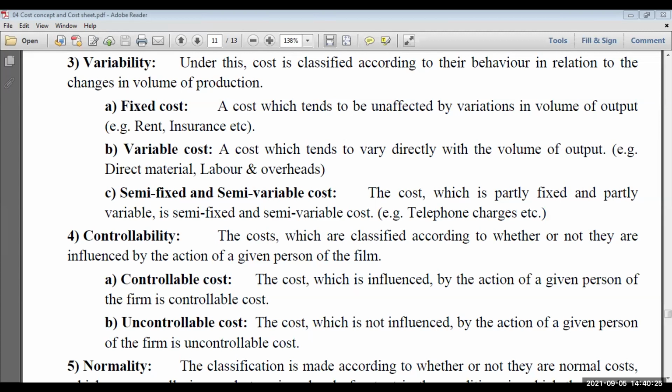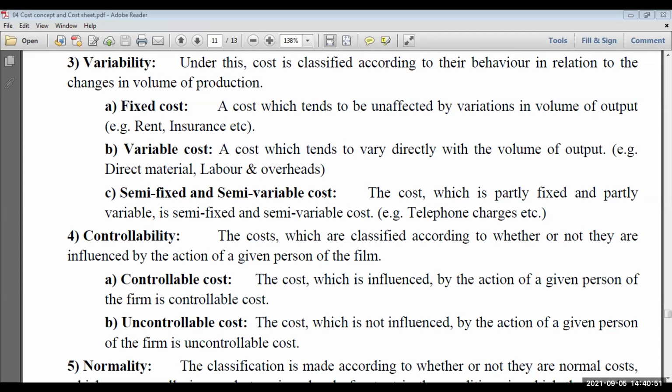Variable cost per unit remains constant, but variable cost in total varies according to the volume of production. Whereas fixed cost remains constant irrespective of the volume of production.